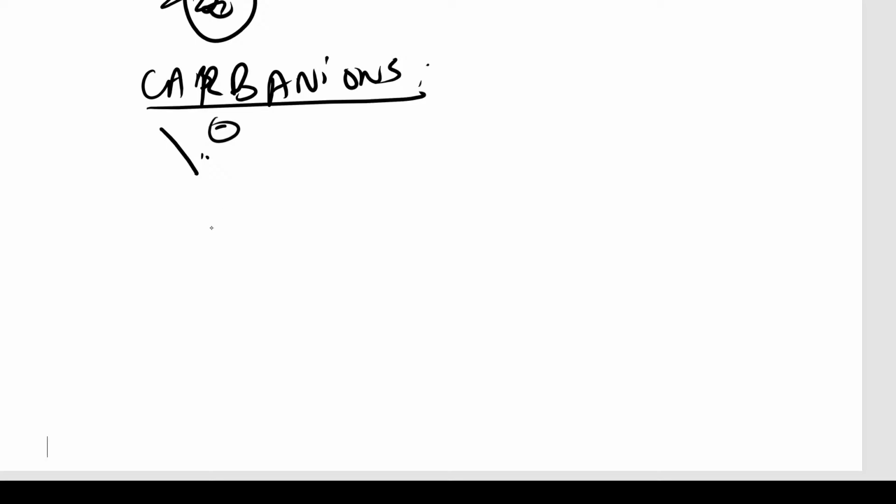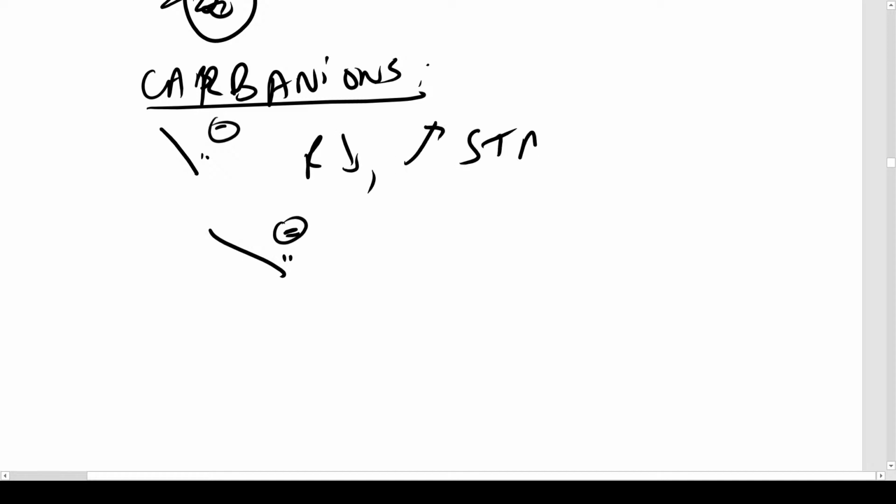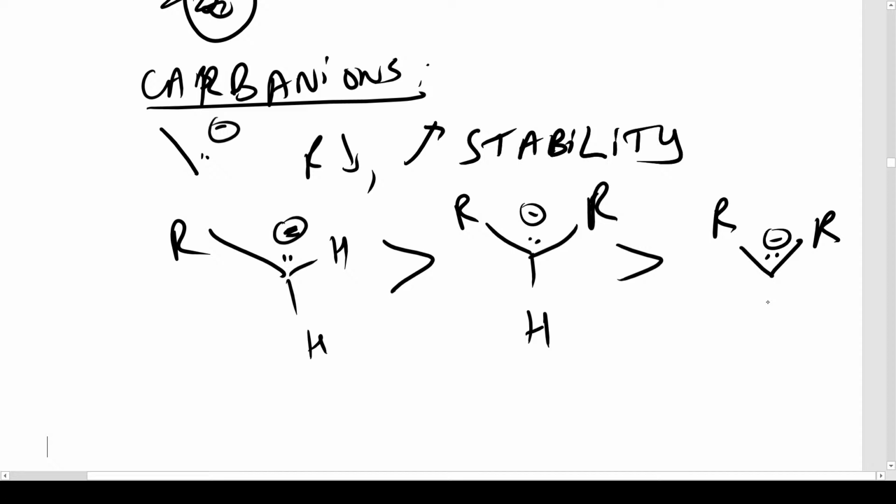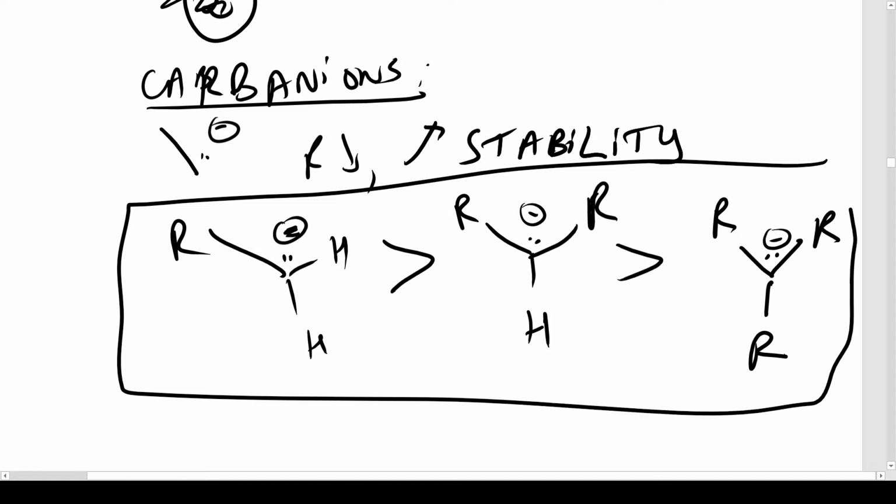So when you have a double bond like this, when R increases, stability decreases, because H is more stable than R. Okay. This is how it works.